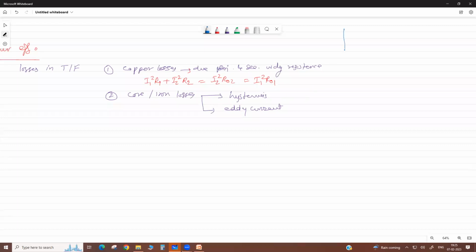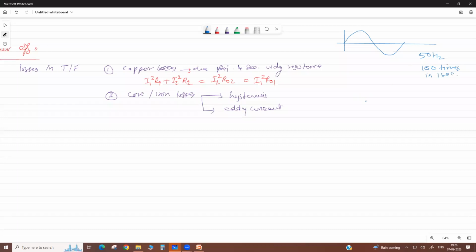Because your transformer works on AC, which is sinusoidal with a 50 hertz frequency, it means the core is magnetized and demagnetized 100 times in 1 second.